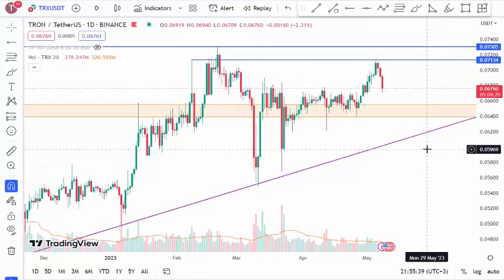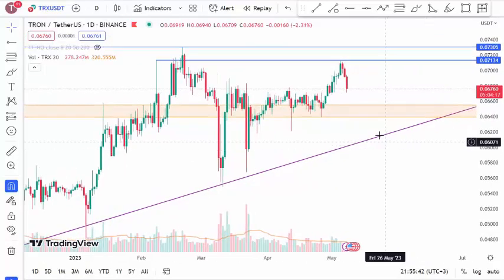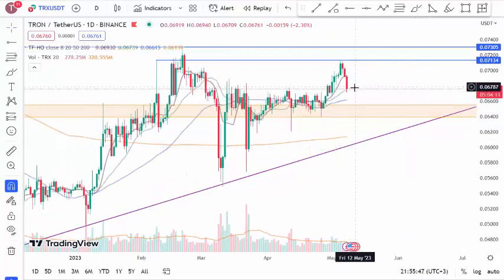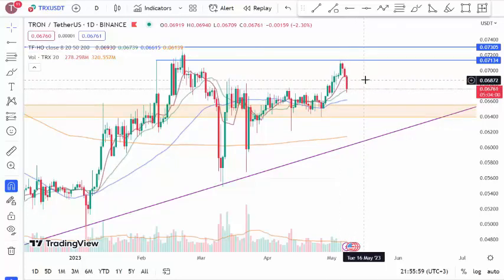Now, if we look at our moving averages, they are currently in good positions as they are all on top of each other. However, we can see that the price movements have downwardly broken the 8-day moving average in the last day, and if the moving averages here slowly break downwards, we can say that there may be a decline in price movements in the upcoming days.